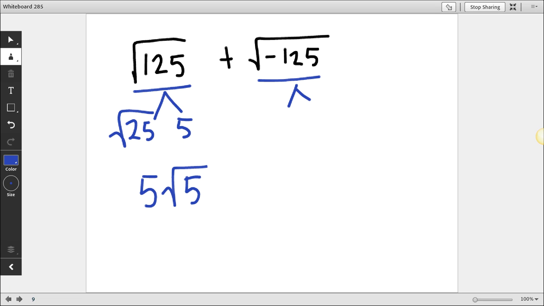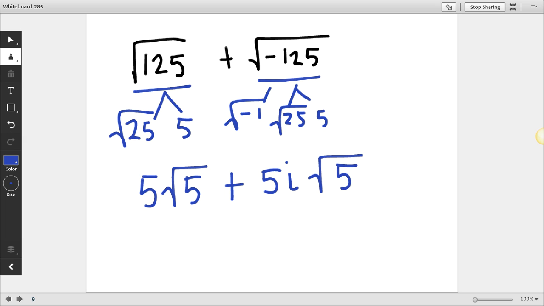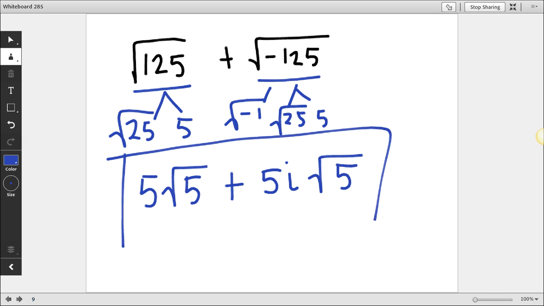Okay, what does this factor into? I have the negative 1. Then I have 25 times 5. I can take the square root of 25. I can take the square root of negative 1. So that's going to be 5i square root of 5. Nothing combines. Final answer.